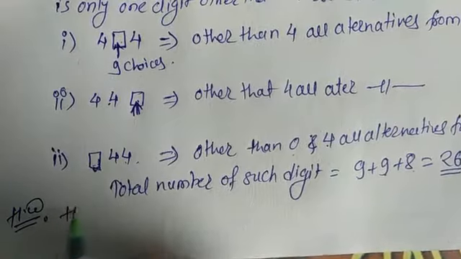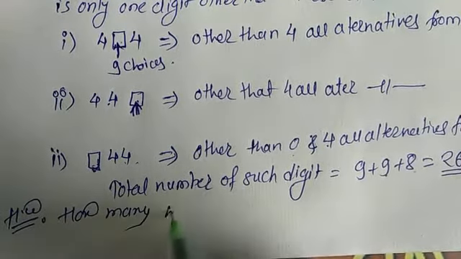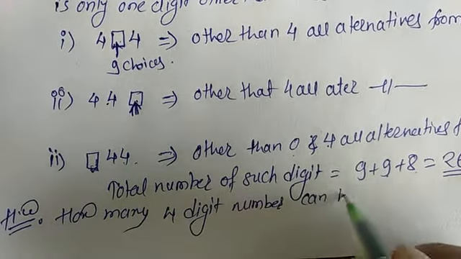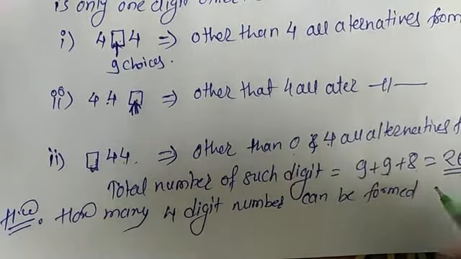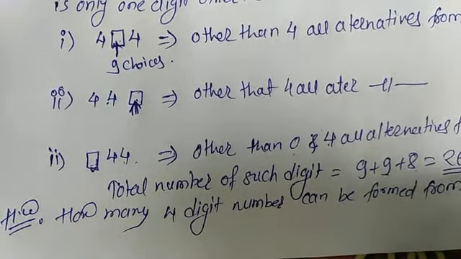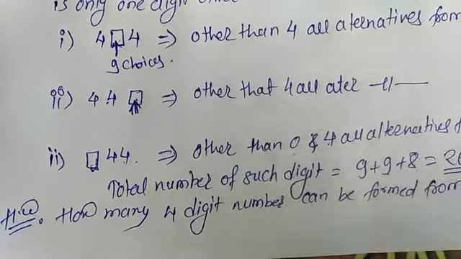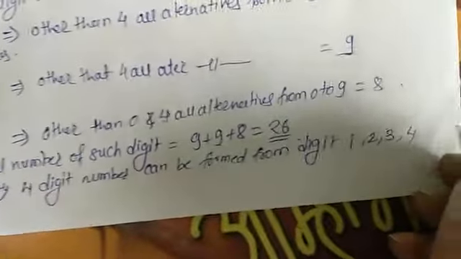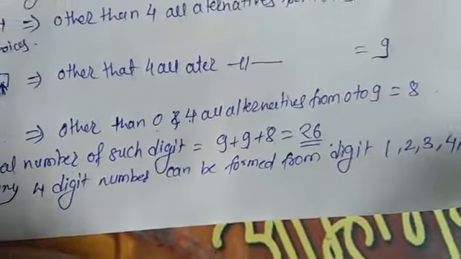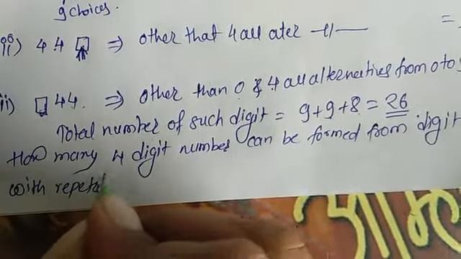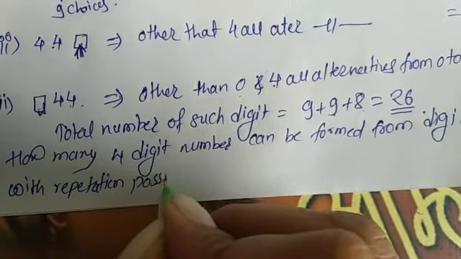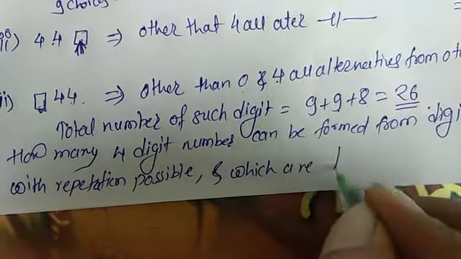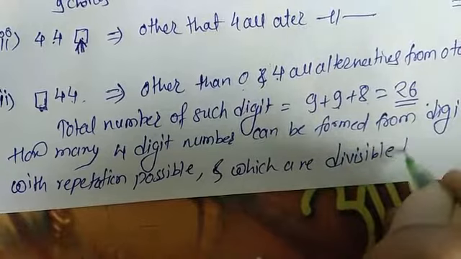How many 4-digit numbers can be formed from digits 1, 2, 3, 4 and 5 with repetition possible, and which are divisible by 5.